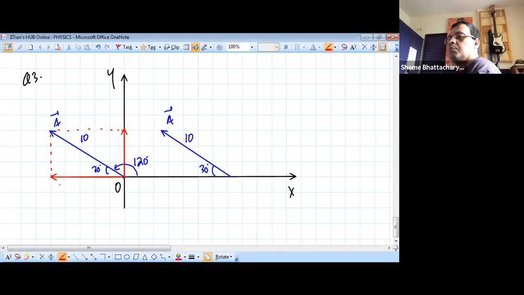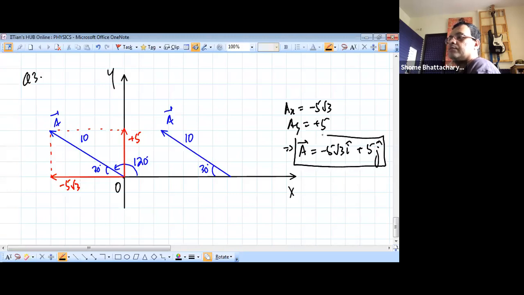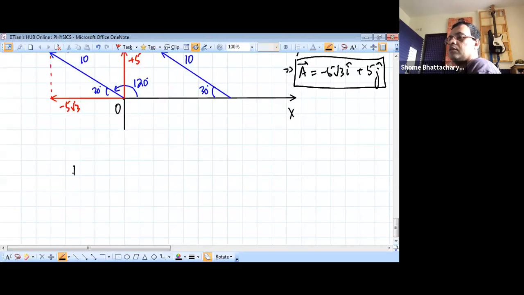This will be minus 5 root 3 and this will be plus 5. Yes, it is necessary, because otherwise you can't understand the proper quadrant of it. Or another way to understand it is by formula.